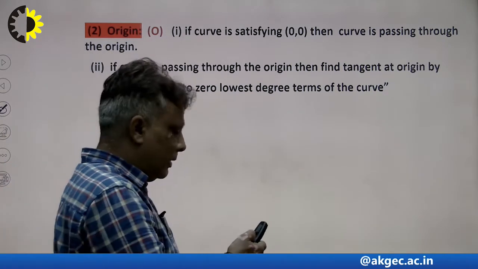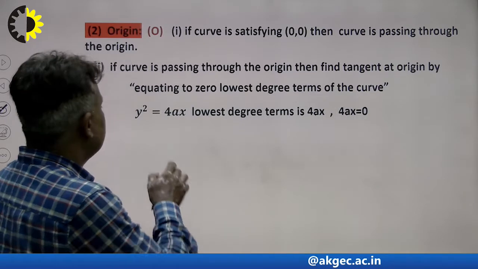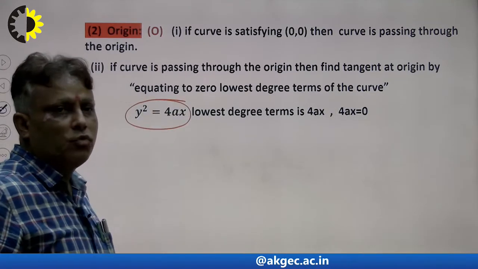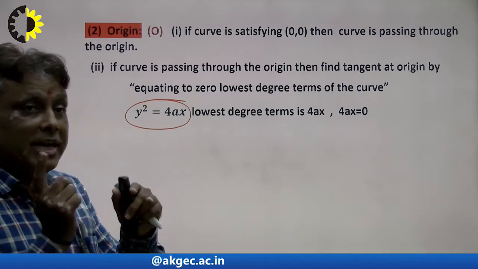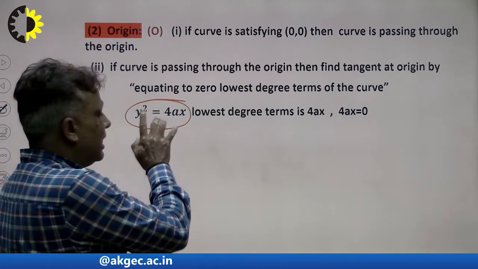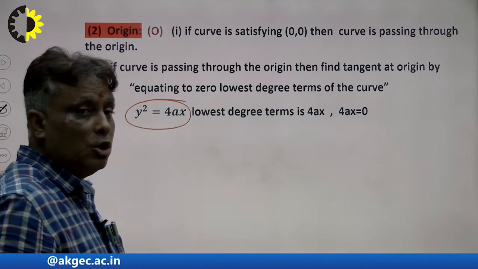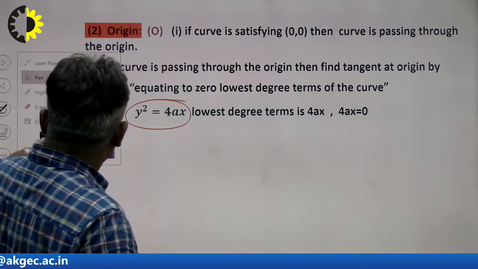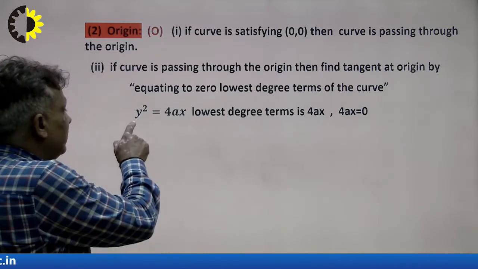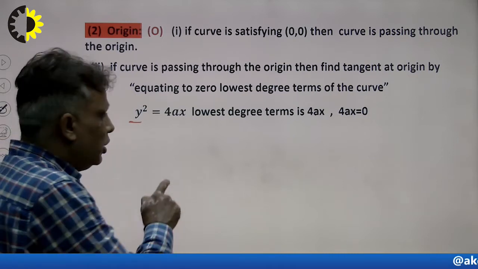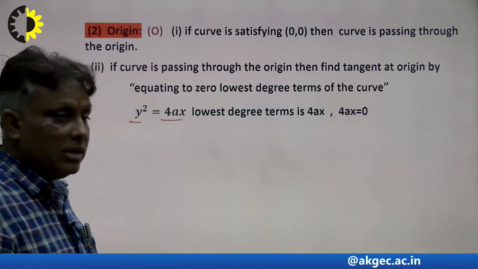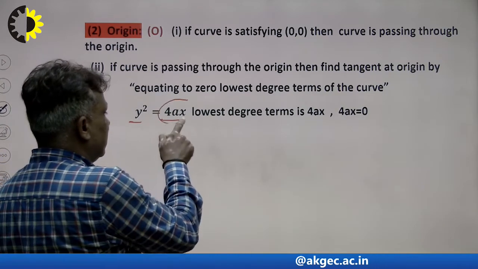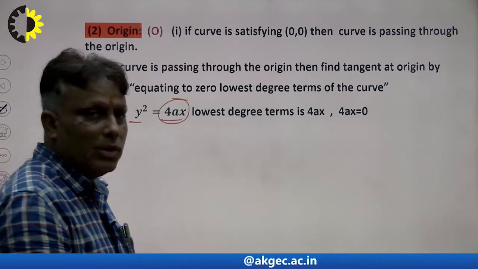I write an example here, right? Suppose this is the curve y² = 4x, which is symmetrical about the x axis. Now I want to calculate the tangent here, and this curve is passing through the origin, I am correct. Now how to find the lowest degree terms of the curve? We see here the degree of this term is 2 and the degree of this term is 1. So which is less? This one is less, so this is the lowest degree term of this curve, and this will be equal to 0.